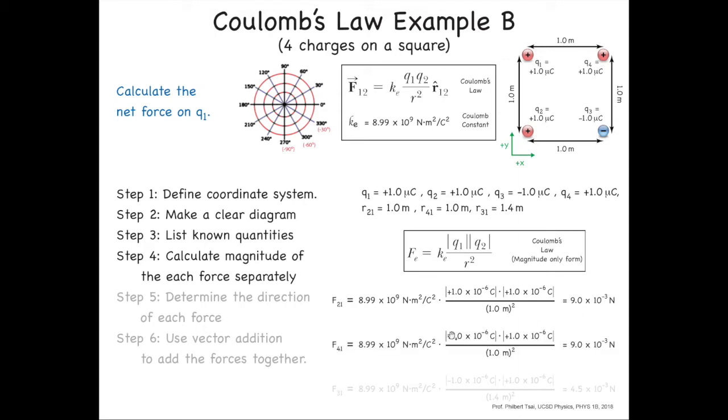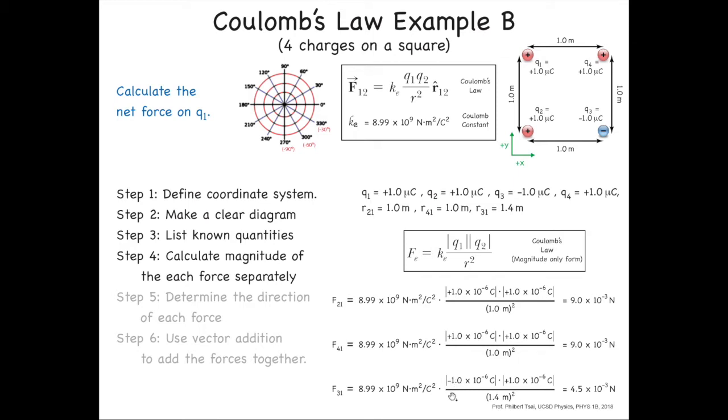Okay, the magnitude of the force for F14 is also 9 times 10 to the minus 3, because it's also two positive charges separated by 1 meter. Finally, F31 across this diagonal here: these are two charges that have opposite signs.